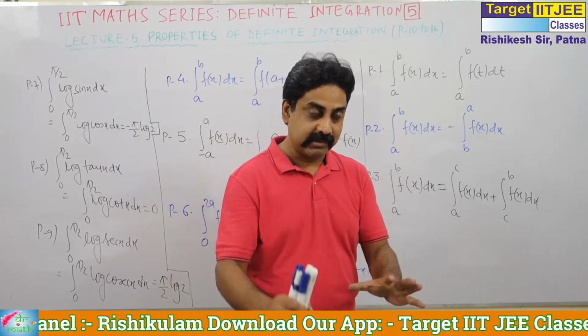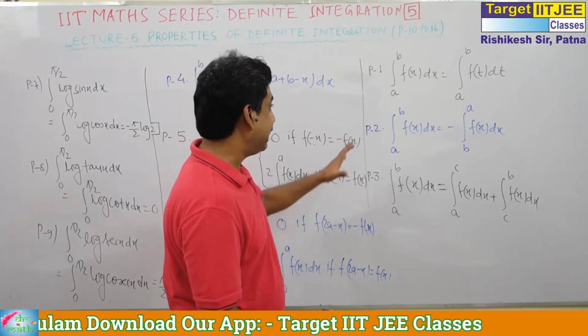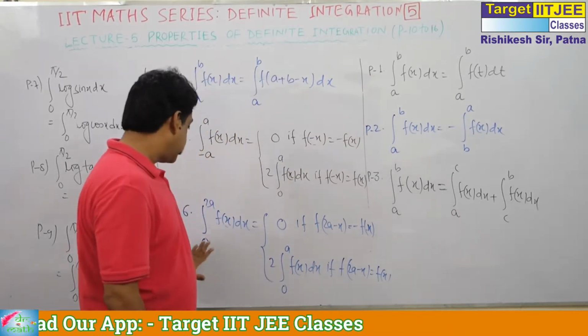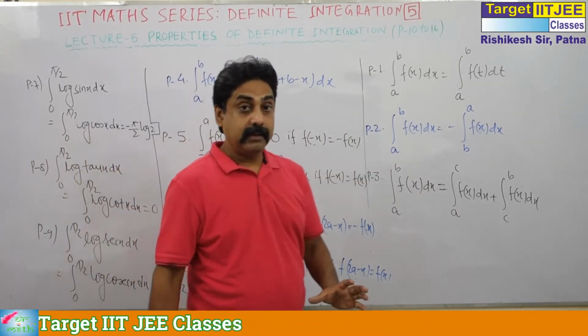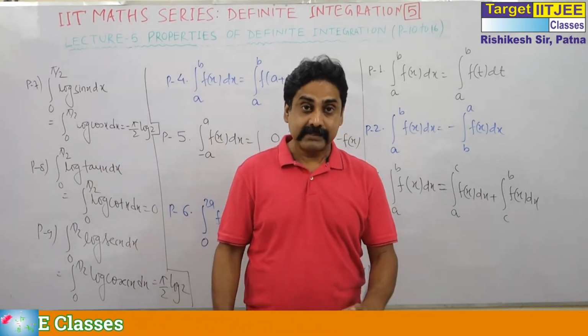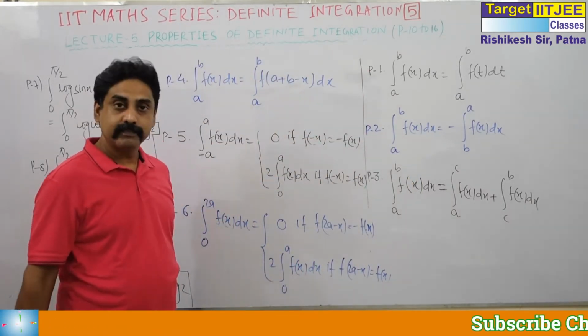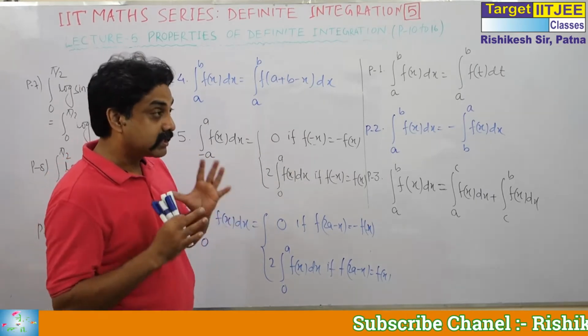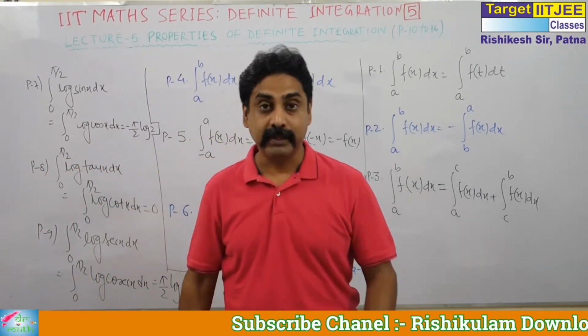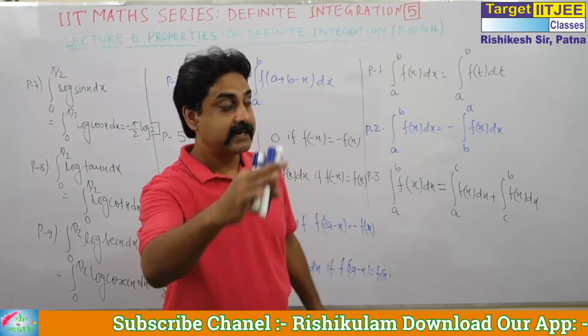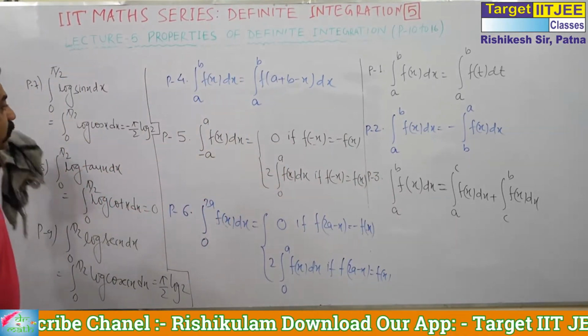What I want to say is that from property 1 to property 6, there is a 90% chance that questions come from these. So you must concentrate on properties 1 to 6. But there are some properties that you have to see.